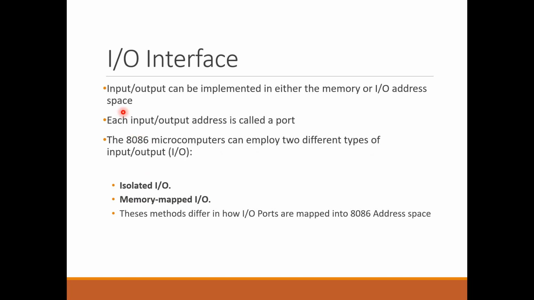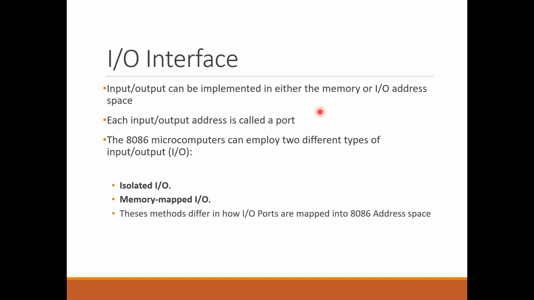Let us talk about the I/O interface, the input output interface. The input output interface can be implemented in two ways, using the memory, the RAM of the microprocessor, or the I/O address space, and each input or output address is called a port.